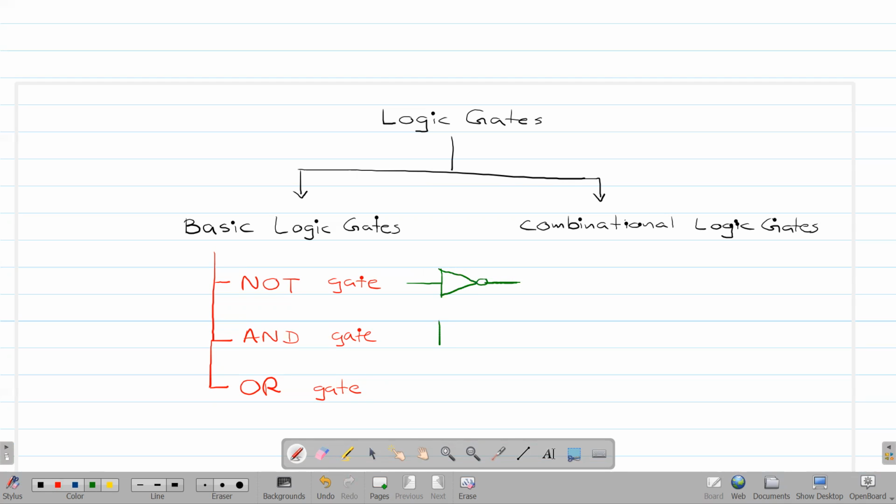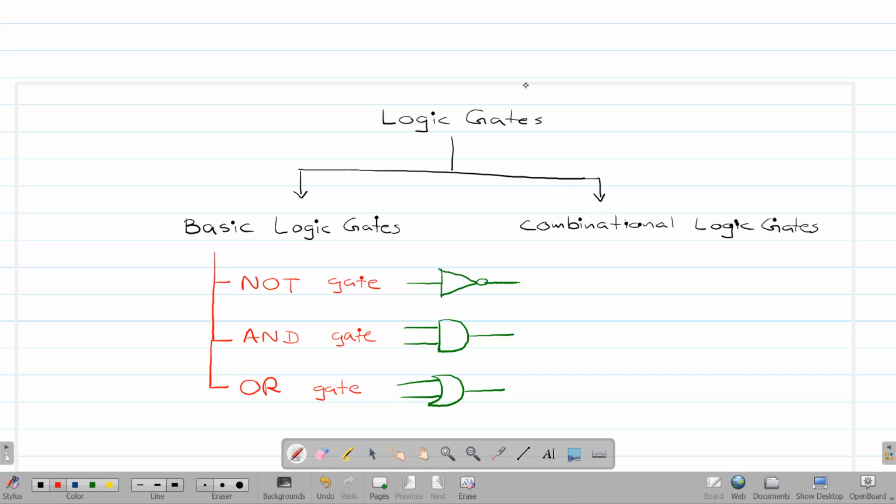When it comes to the AND gate, the word AND ends with a capital D, so you can remember the AND gate is kind of a capital D. This is the way. And the OR gate is like a crescent. So these types of symbols are there to indicate the basic logic gates.